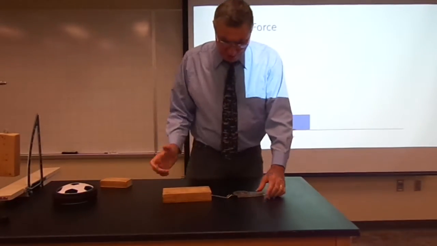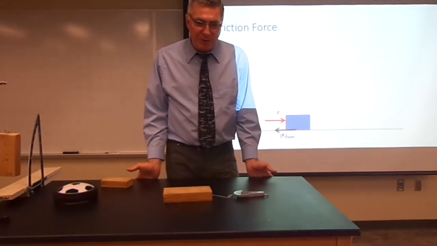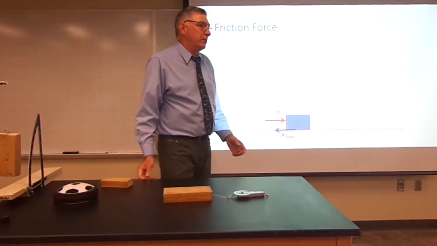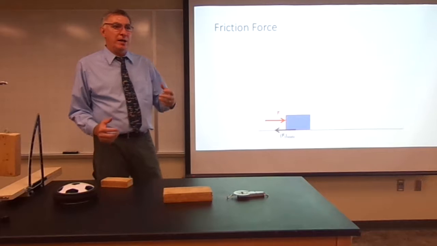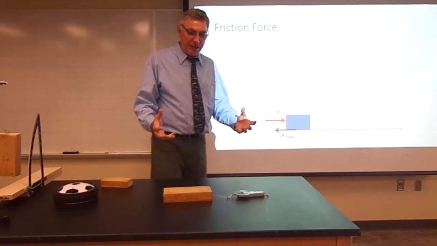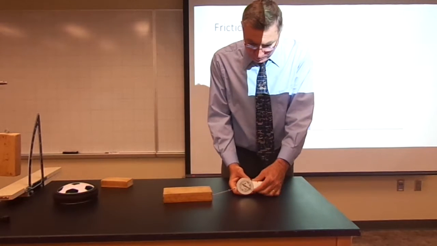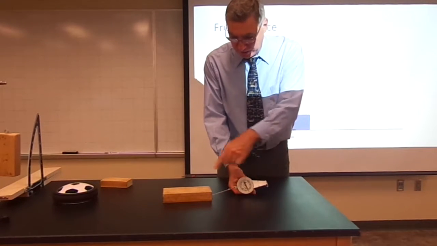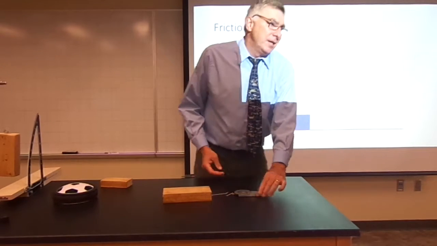If I push on an object and it doesn't move, I still have to explain why it's static. I'm pulling and I can read my action, and it's not moving.